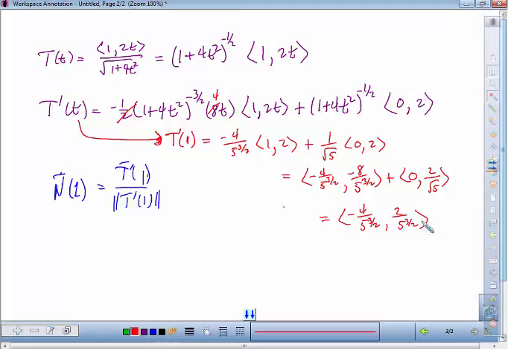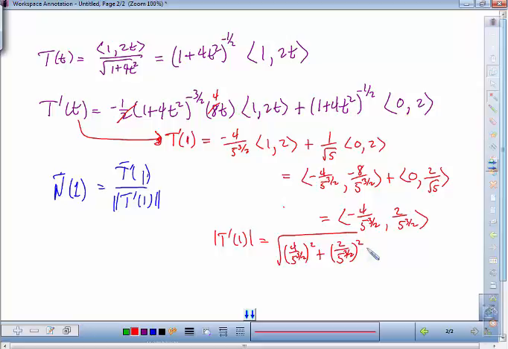And to make this into a unit vector, we just divide by its magnitude. So we find the magnitude of T prime of 1 is equal to the magnitude of this, which is the square root of 4 over 5 to the 3 halves squared plus 2 over 5 to the 3/2 squared.